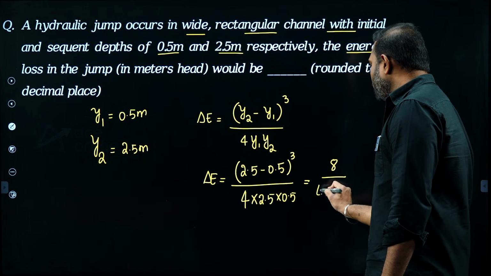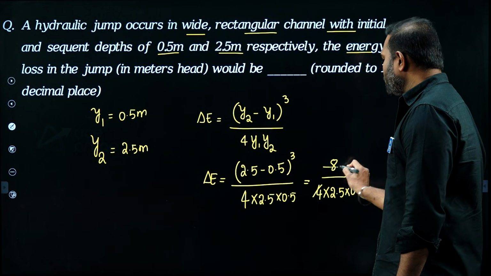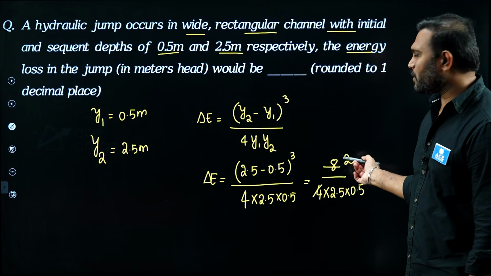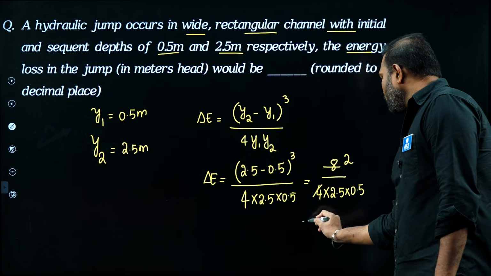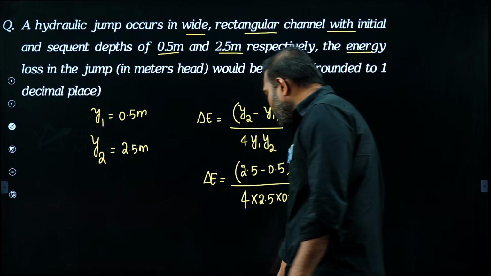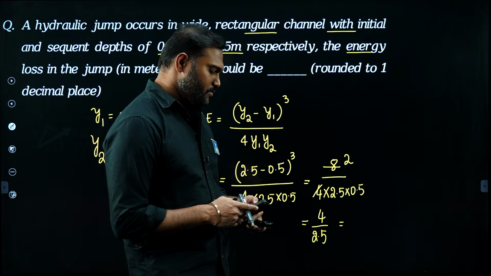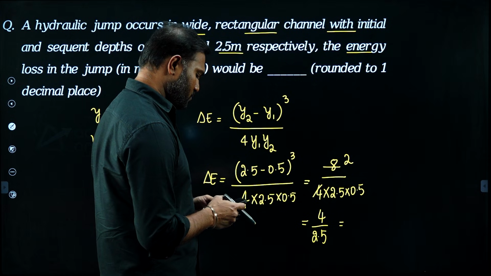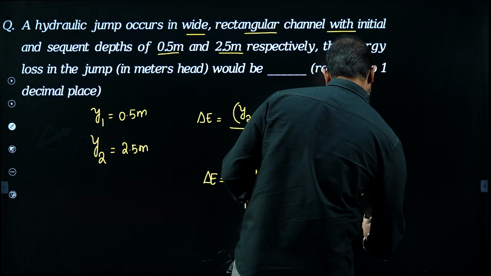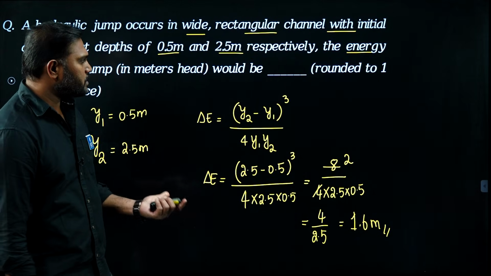In the denominator, 4 into 0.5 is 2, so it becomes 8 by 2 into 2.5, which is 4 by 2.5. That comes as 1.6 meters. So the amount of energy lost here is 1.6 meters.